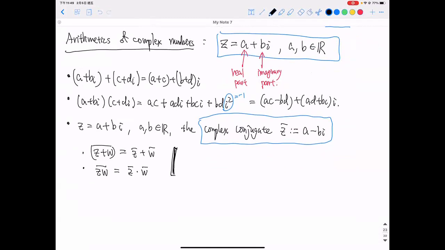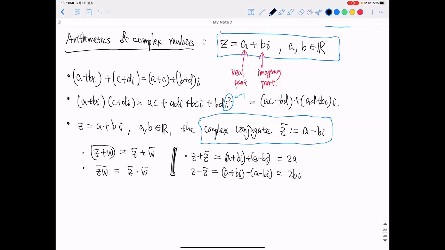And if you add z with its conjugate, you get a plus bi plus a minus bi. That's just 2a because the multiples of i cancel. If you take z minus z bar, you are doing a plus bi minus a minus bi. This time the a's cancel.